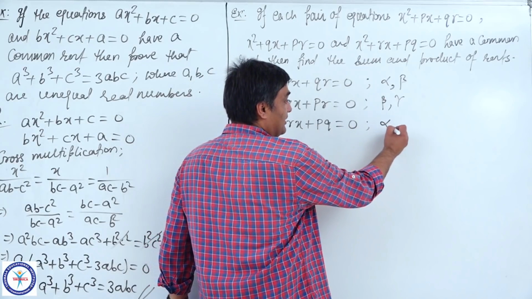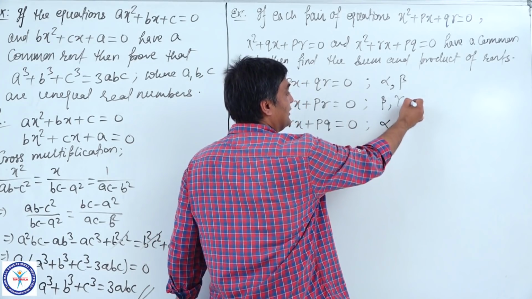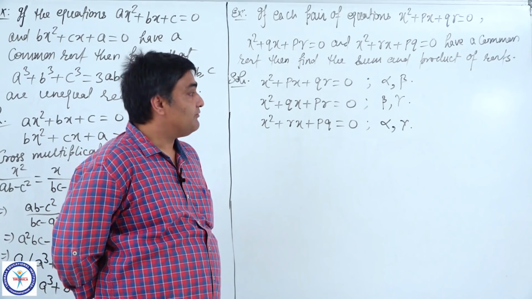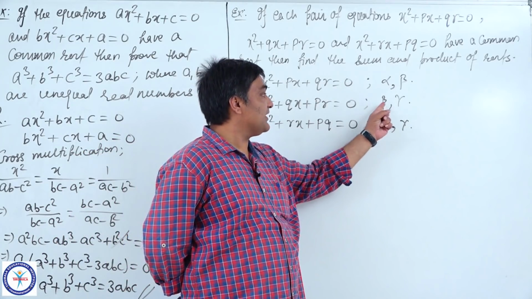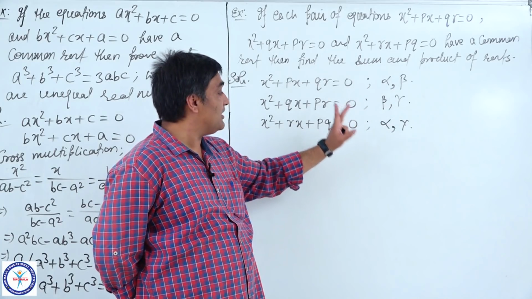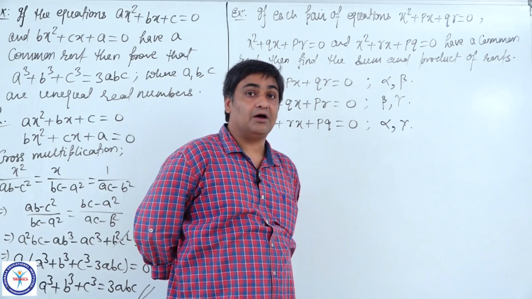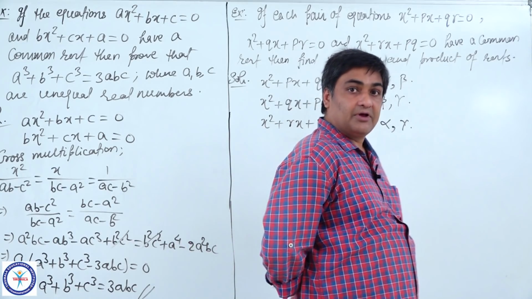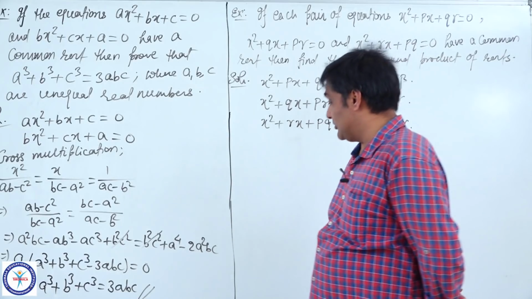So, alpha and gamma. In this manner, the first equation has roots alpha beta, the second equation has roots beta gamma, and the third equation has roots alpha gamma. Now, if you see, every pair has one root common.